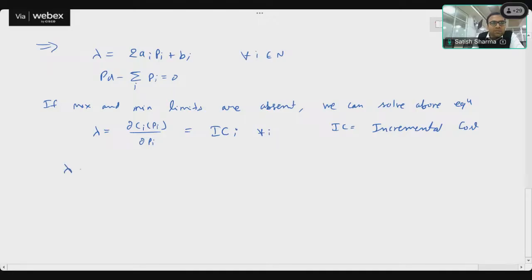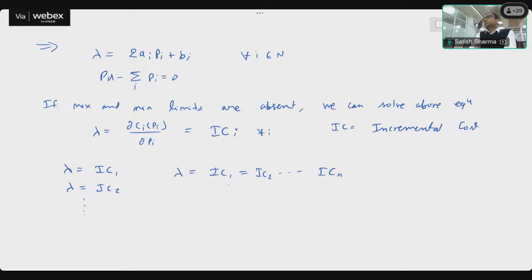So I can say that lambda equals IC1, lambda equals IC2, and so on, so lambda equals IC1 equals IC2 equals ICn. And this says that the incremental cost of these generators should be equal at the optimal point, and all of these generators will have the same incremental cost.